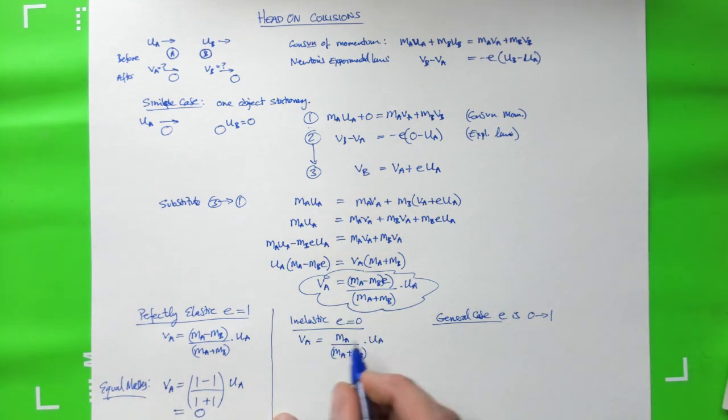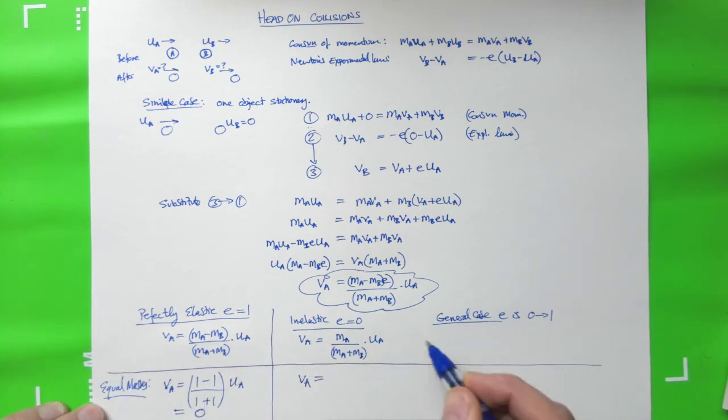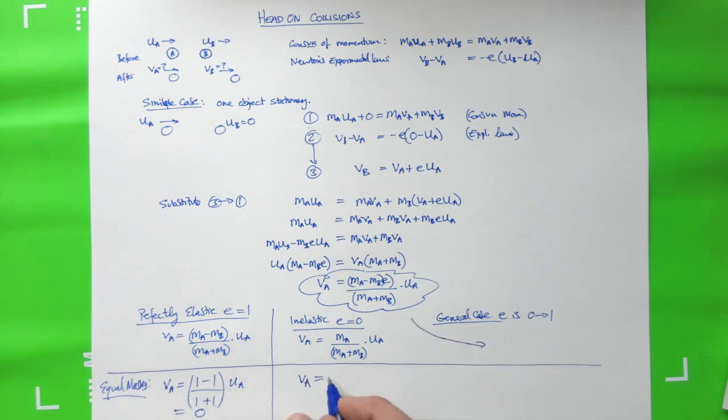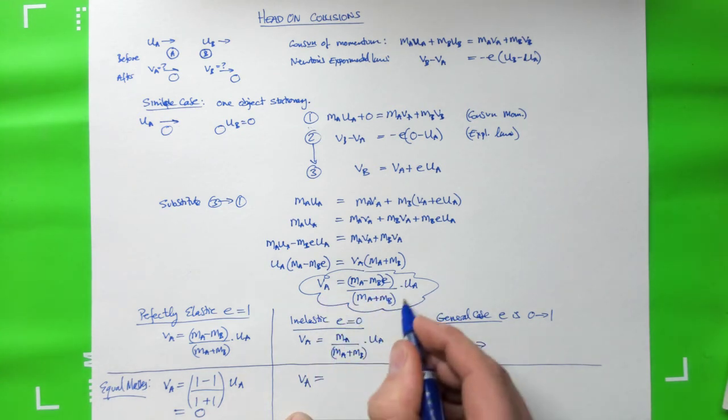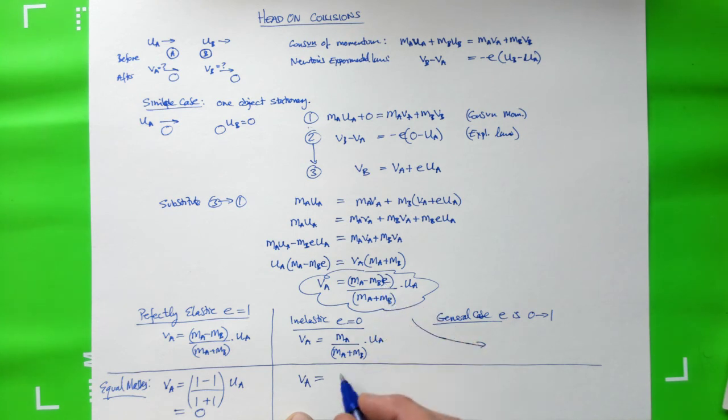Now let's look at the completely inelastic case, where E is equal to 0, and both masses are equal. Let's draw a line across here to separate these. So here we go. Let's take this equation here, make E equal to 0, and what do we now have?